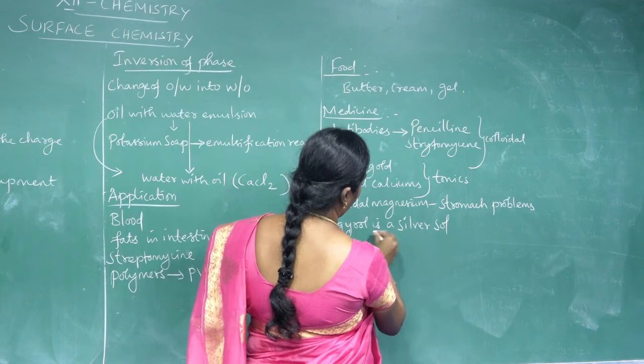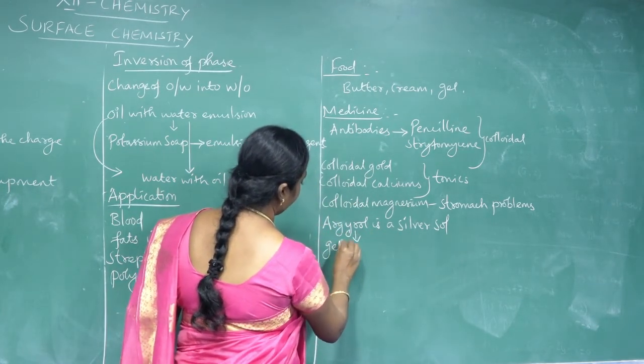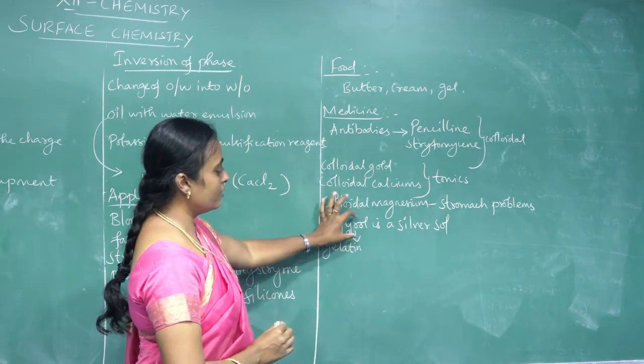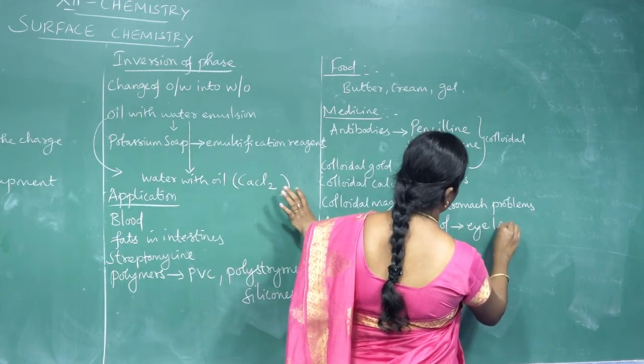The silver salt argyrol should be coated and protected by gelatin, and it is used in eye lotion.